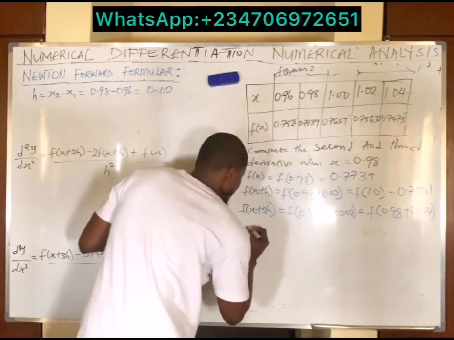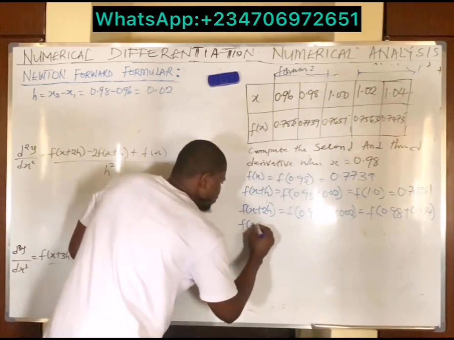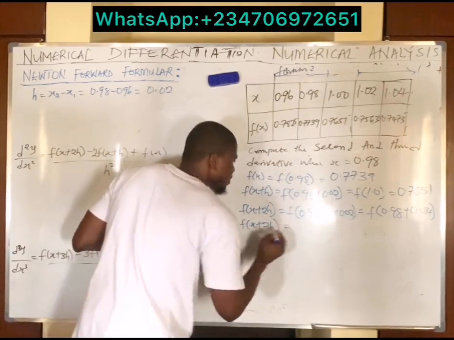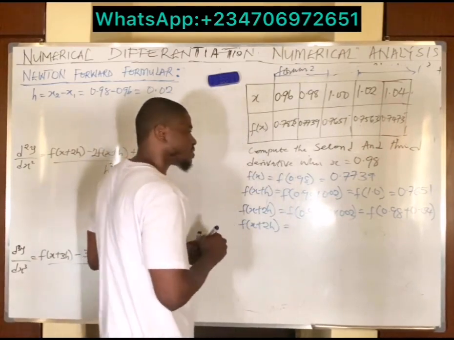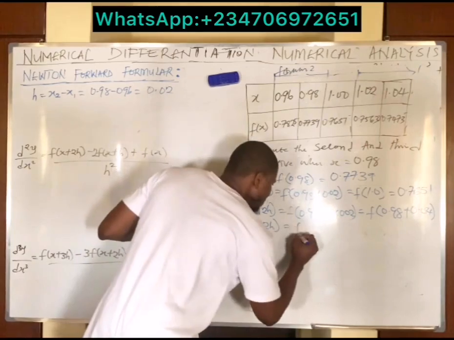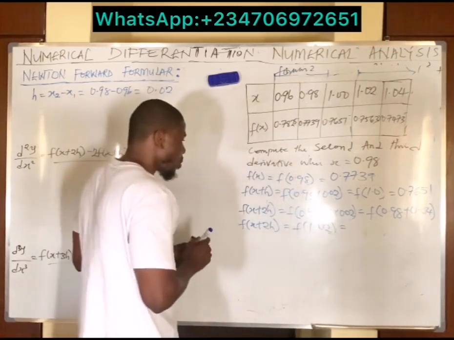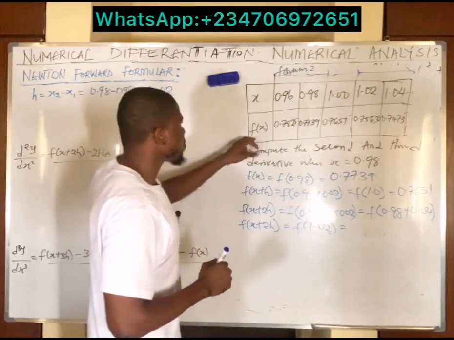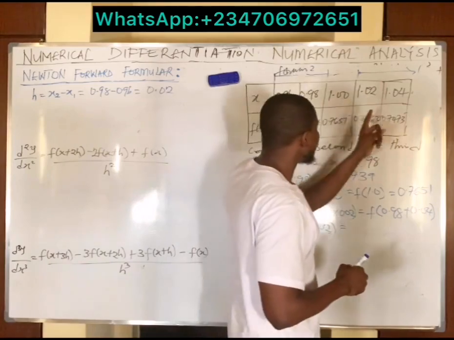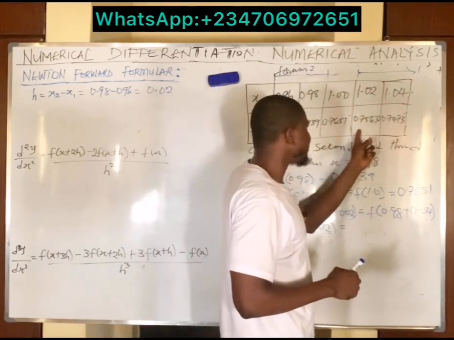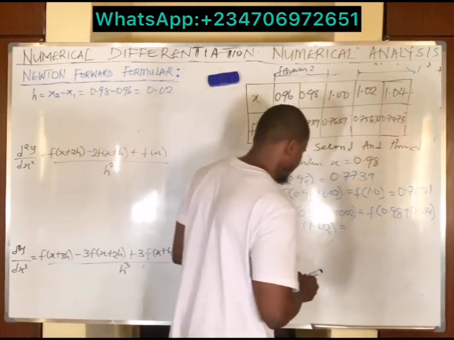So f of x plus 2h is f of 0.98 plus 0.04, which gives us f of 1.02. What is the value of f of x when x is 1.02? The value from the table is simply 0.7563.